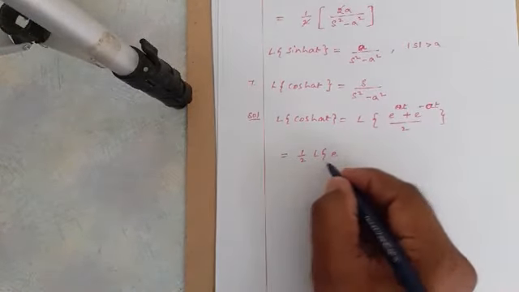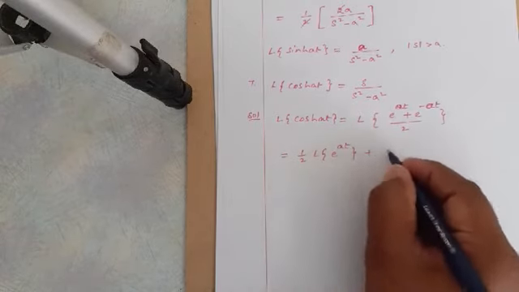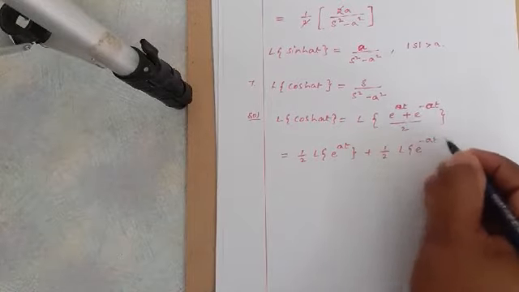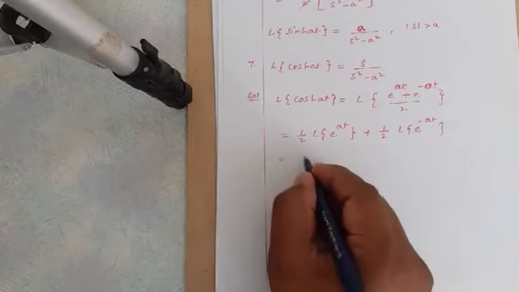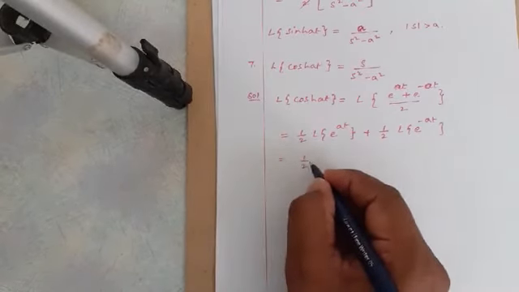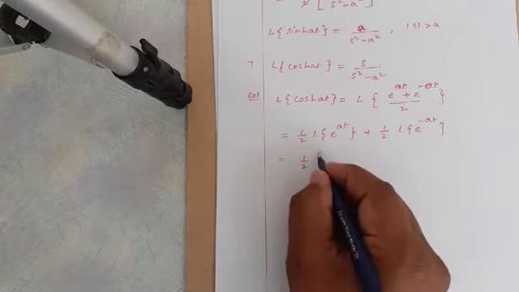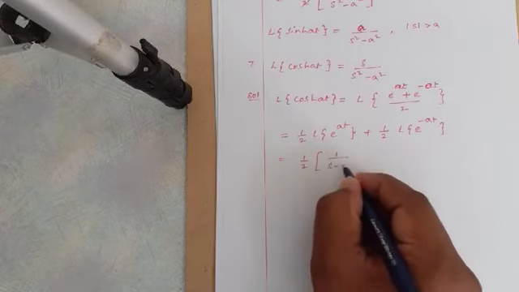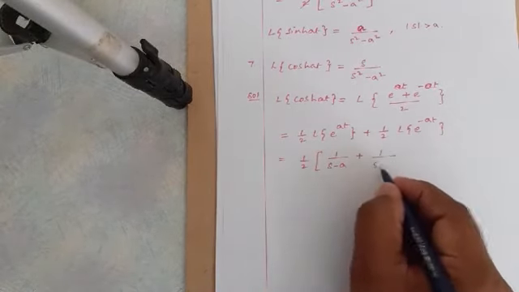So half Laplace of e power at plus half Laplace of e power minus at. So after writing this, now you take 1 by 2 outside and then apply Laplace to both the functions. Then you get Laplace of e power at is nothing but 1 upon s minus a plus Laplace of e power minus at is nothing but 1 by s plus a.